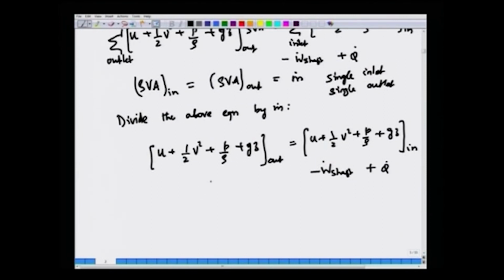Now, this is the most general energy balance. This is the special form of the energy balance for a steady flow, uniform flow, and also with single inlet and outlet.